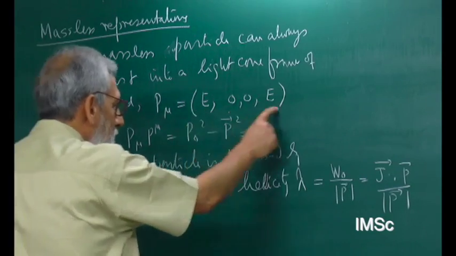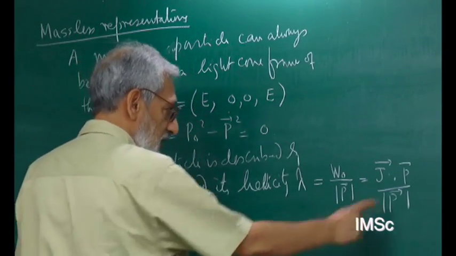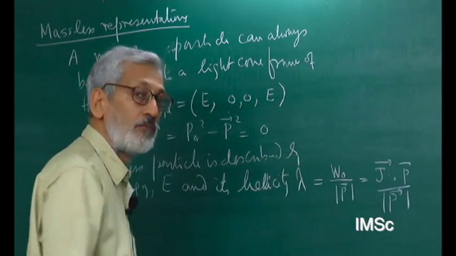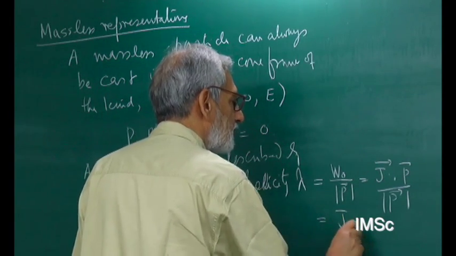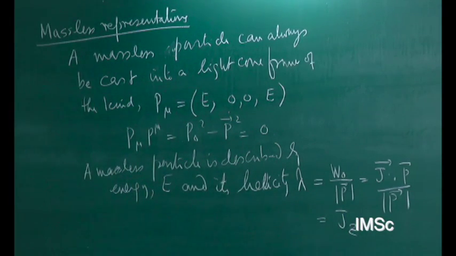And for this P mu, where the 3 momentum is in the z direction, this is simply the value of Jz for that state.